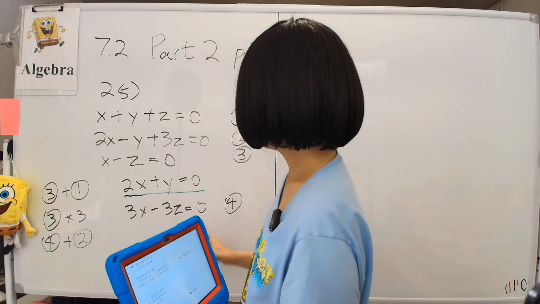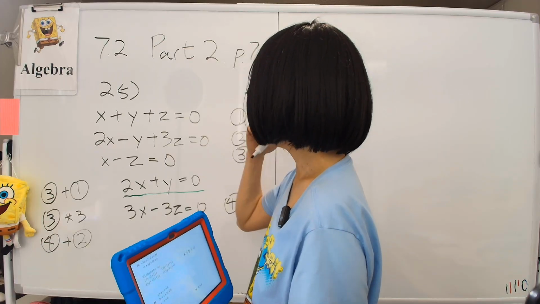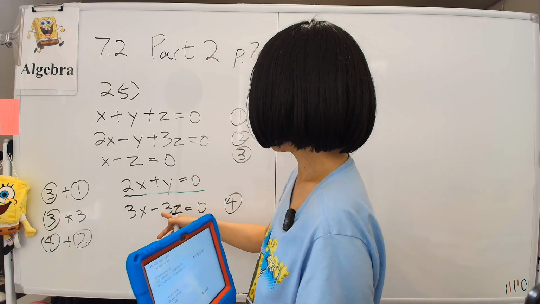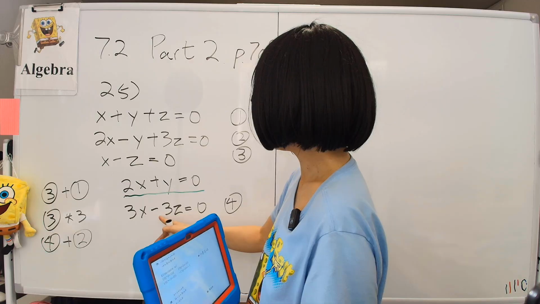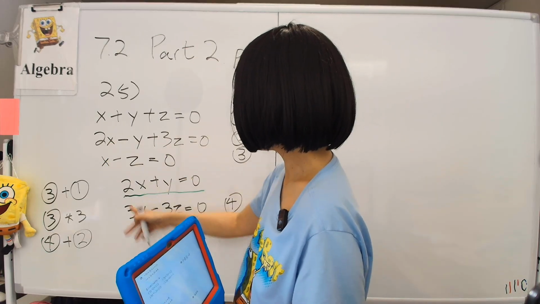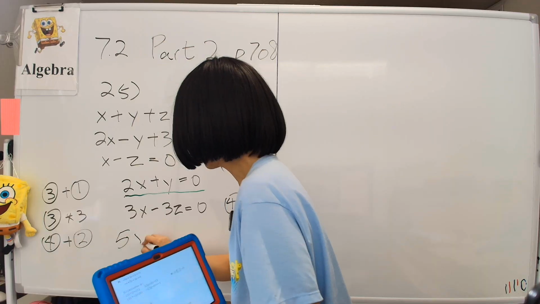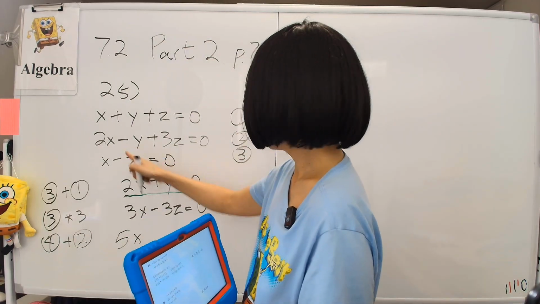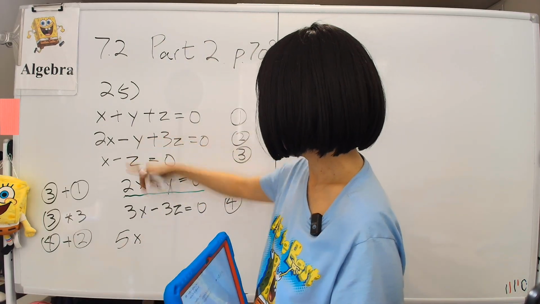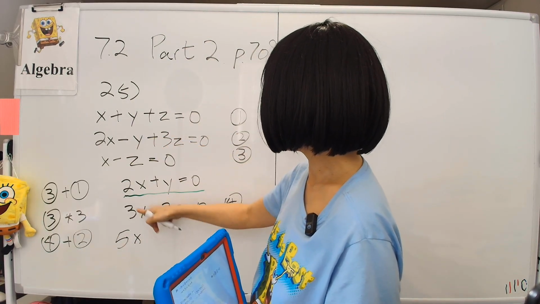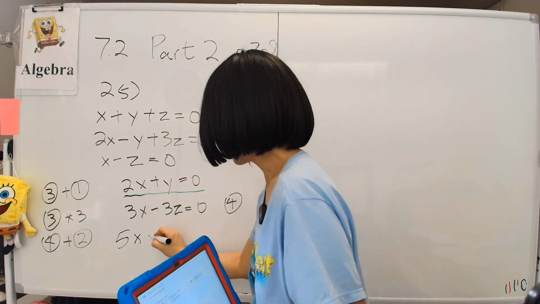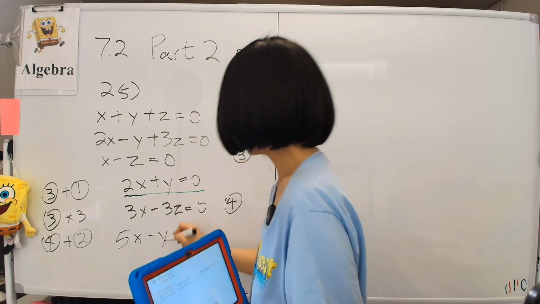So 4 plus 2. The 3z's cancel out, and we'll have 2x plus 3x, so 5x, minus y plus nothing, so it's still minus y.